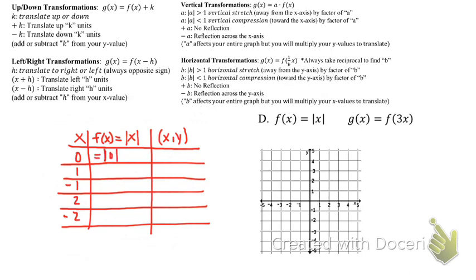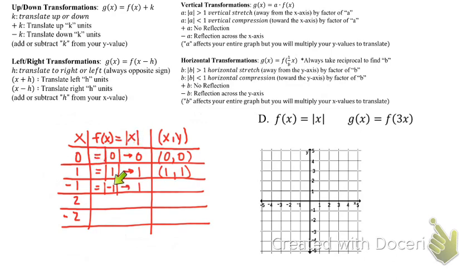And if you remember, the absolute value is, in essence, we want to know the distance away from 0 on the number line. So the absolute value of 0 is actually 0. So my first point is 0, 0. All right. The absolute value of 1 is 1. So 1, 1. The absolute value of -1 is actually 1.